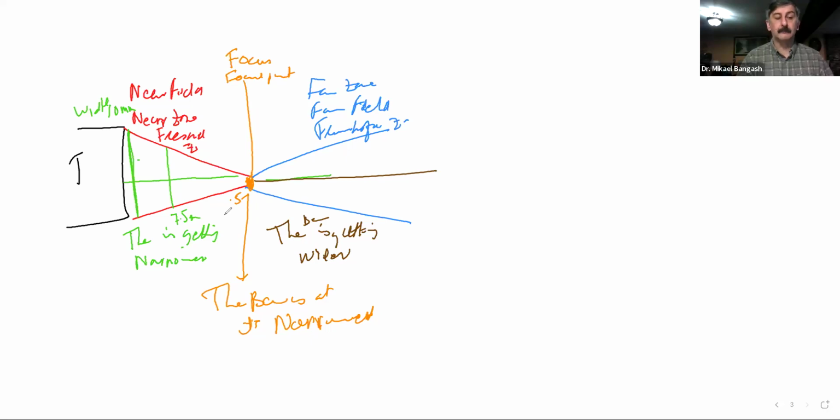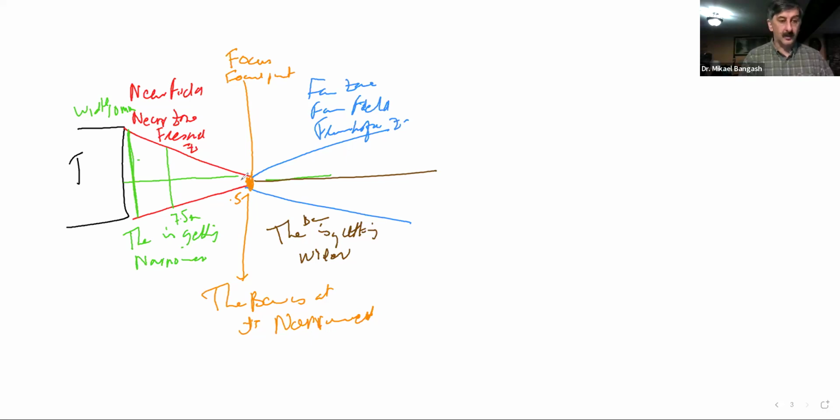Did you guys get that? So they're going to be the width of the beam, which is narrowest at the focus or focal point.